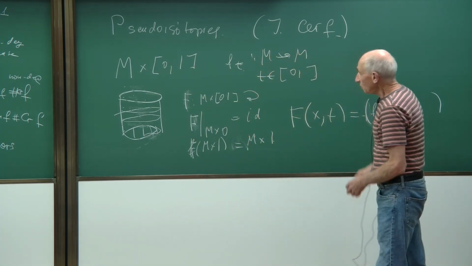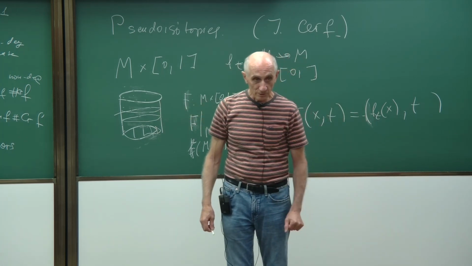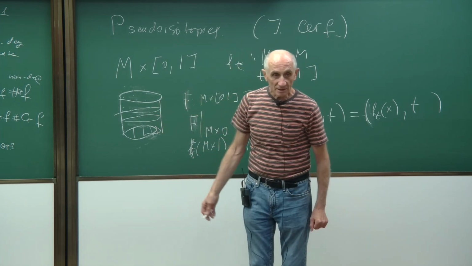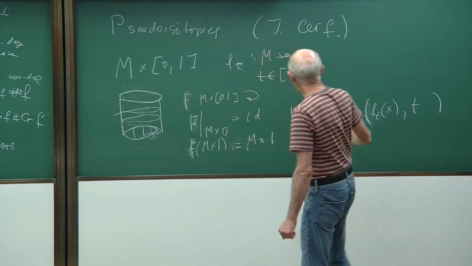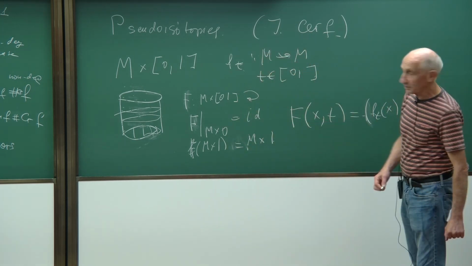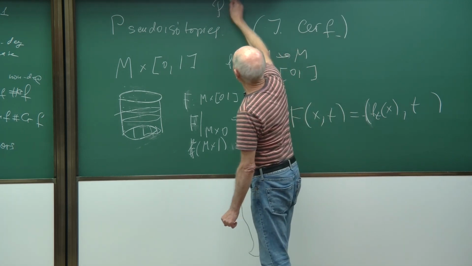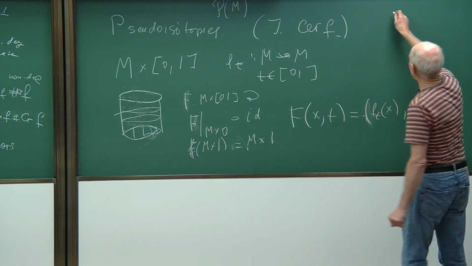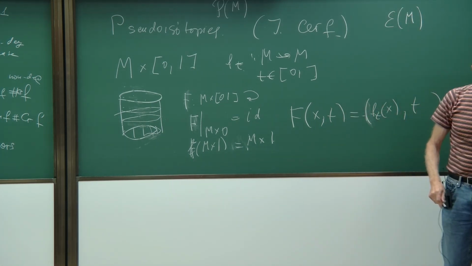Now what Cerf observed is that in order to understand this, we need to understand parametric Morse theory. Let's consider the following question. Let's call P(M) the space of pseudo-isotopies. I will define another space, which Cerf denoted E(M).